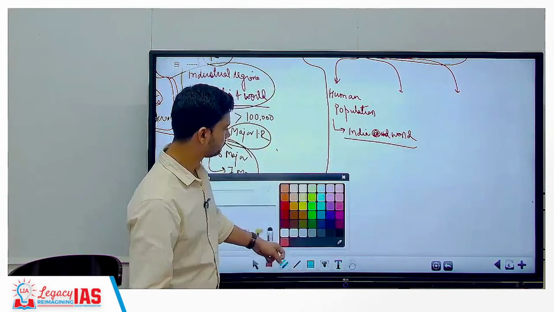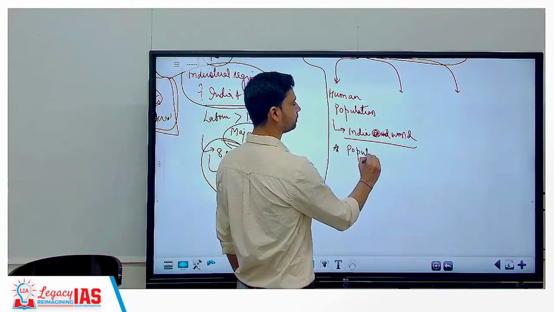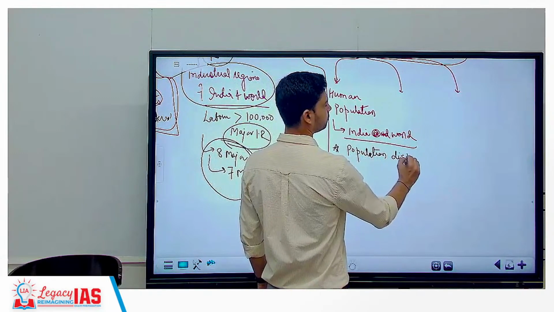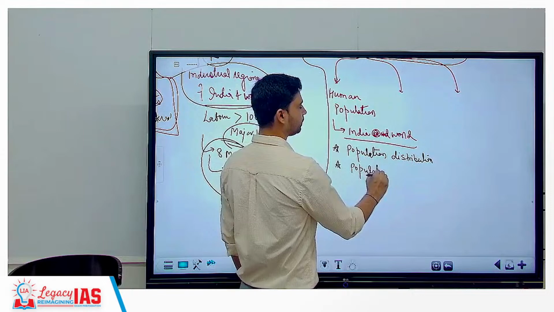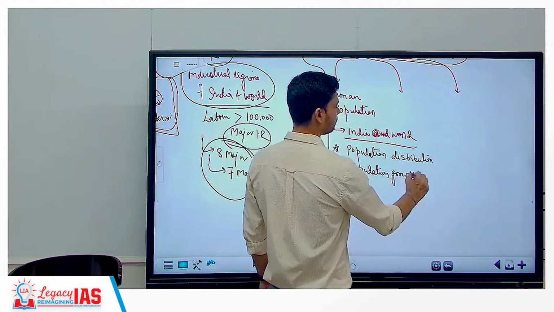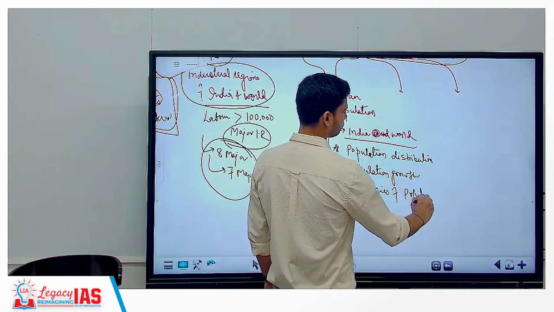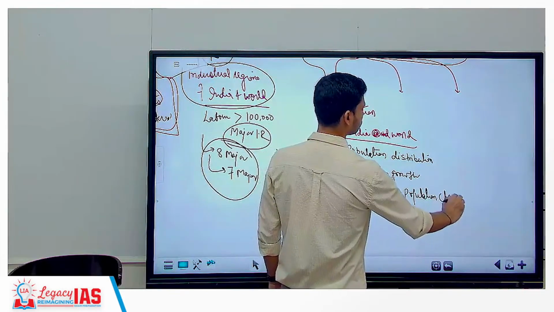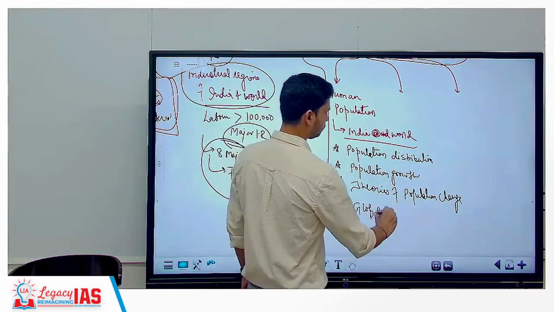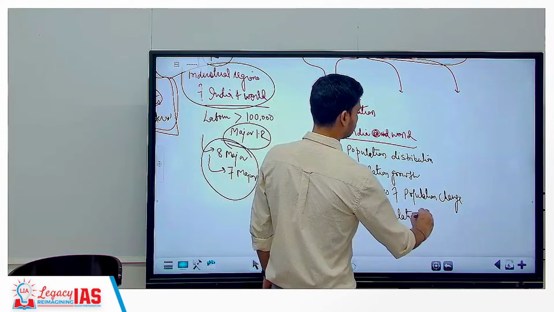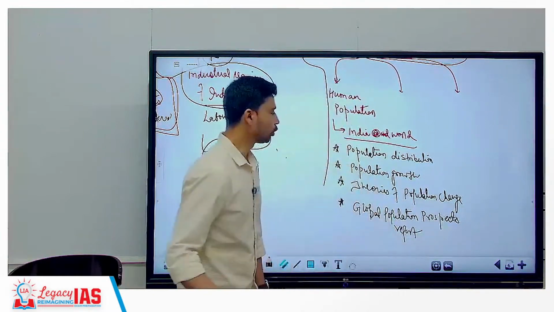Human population. The important topics here are population distribution, population growth, how it is happening, theories of population change, and last, we have to study the salient features of the Global Population Prospects.